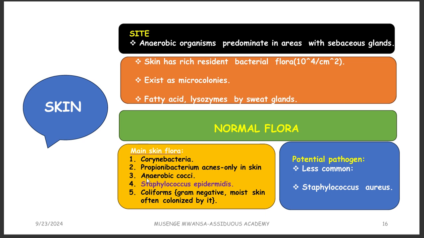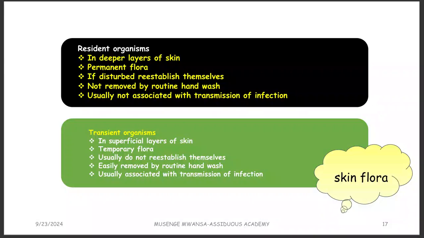Now, if we say anaerobic cocci, this is not specific. There are a lot of anaerobic cocci. So these guys are less common in causing disease, except Staphylococcus aureus, this guy can cause disease very much. Okay, that's for the skin.